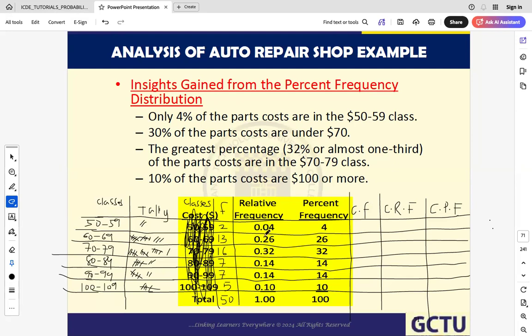So these calculations, we have done it today. All you do is that the relative frequency is the raw frequency divided by the total frequency.